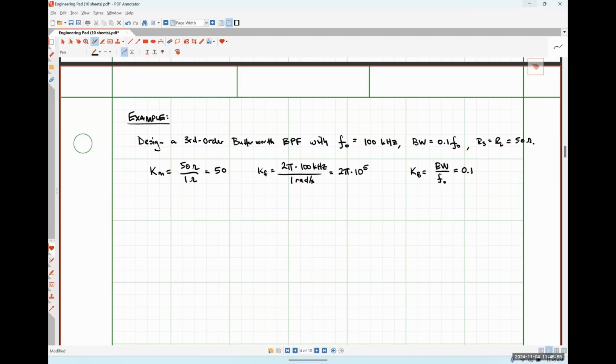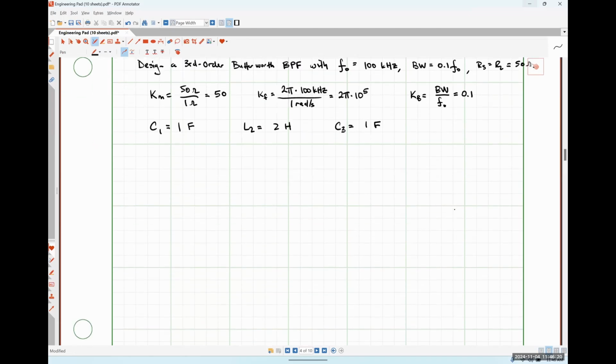Since we're dealing with a third order filter, C1 from our table is literally 1 farad. L2 from our table is 2 henries. And C3 from our table is 1 farad.